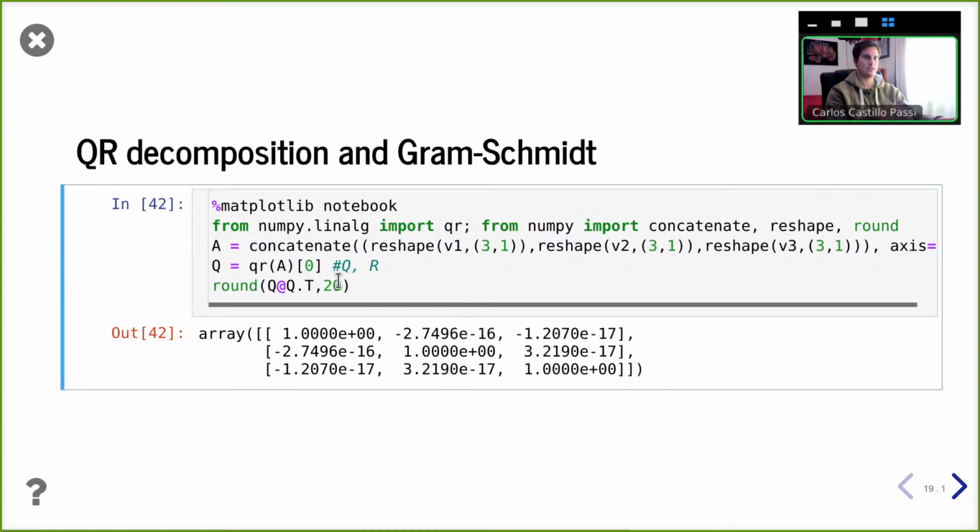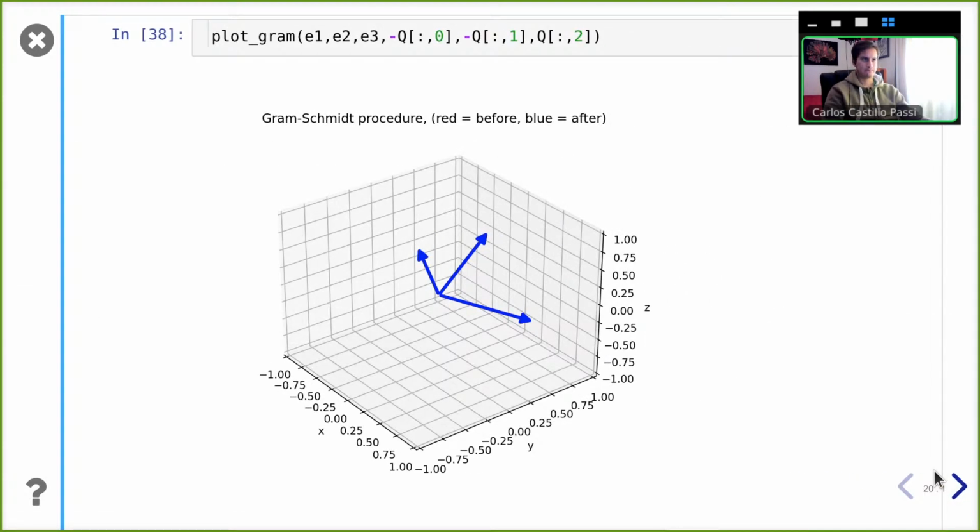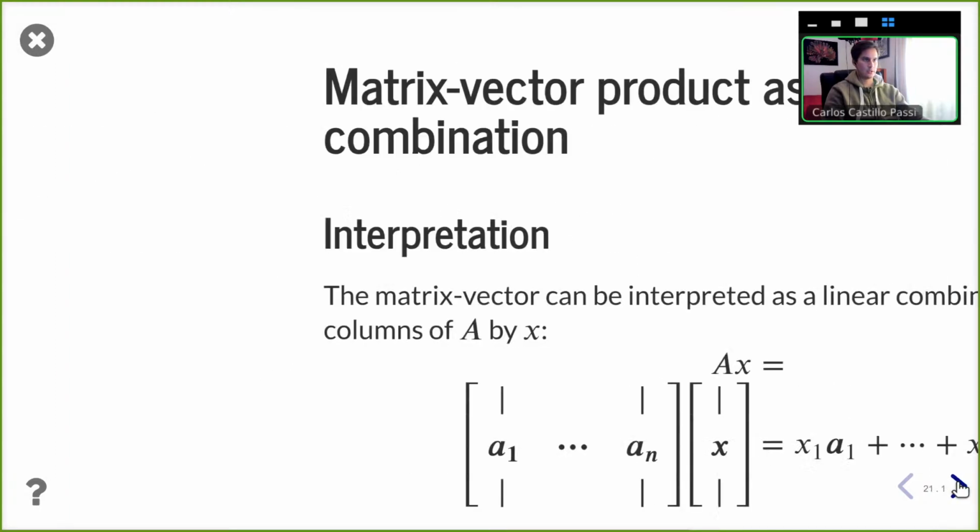In 20 digits it starts like this, but basically with a precision of 15 digits it is equal to the identity matrix. And the same goes for the opposite. The transpose here, and you put it in the other matrix. Okay. So that's the QR decomposition.